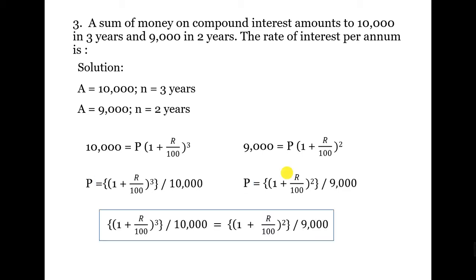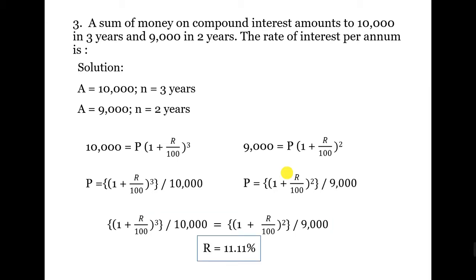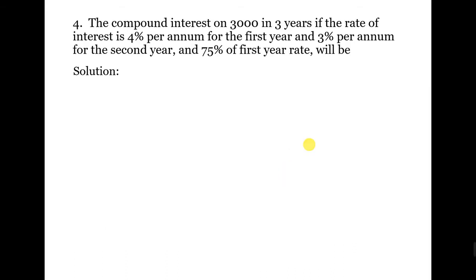This is now the equation. We can now directly solve for the value of R. Then the result is equal to 11.11%.